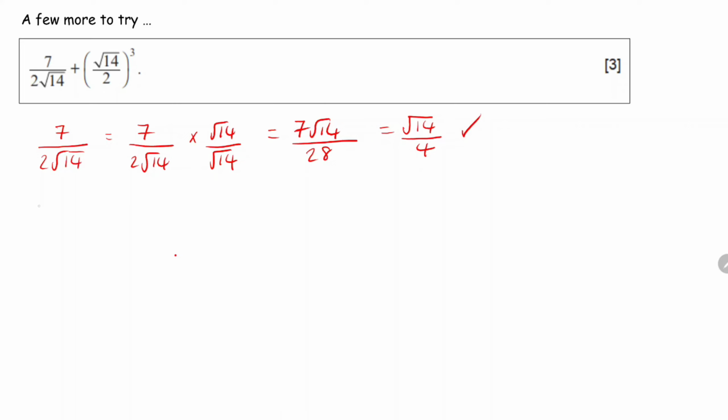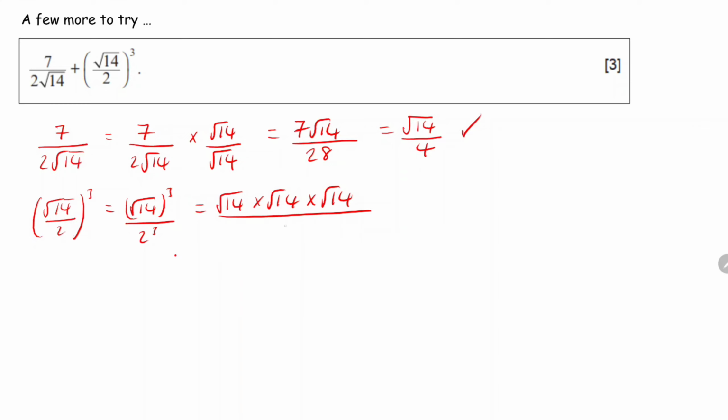Okay, second term, we have root 14 over 2 cubed. So that can be written as root 14 cubed over 2 cubed. Root 14 cubed can be written as root 14 times by root 14 times by root 14. 2 cubed at the bottom is 8.